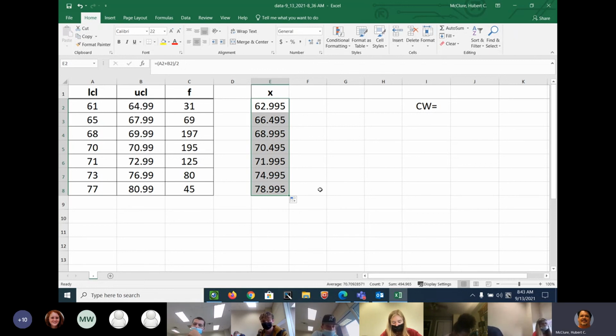I would just say it's not even valid. I knew there was something wrong with this problem before we even started. You can't have 61 to 64 as a class and then put 61 and 64.99 as the, you can't do that.